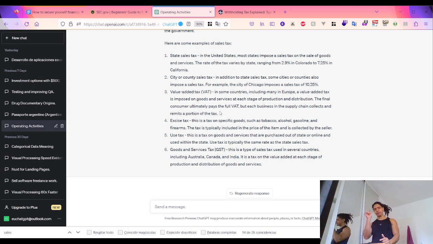So you have state sales tax, city or county sales tax, and value added tax, which is imposed at each stage of production and distribution. So the final consumer ultimately pays the full VAT, and each business in the supply chain collects and remits a portion of the tax. So they collect that and pay that to the government.